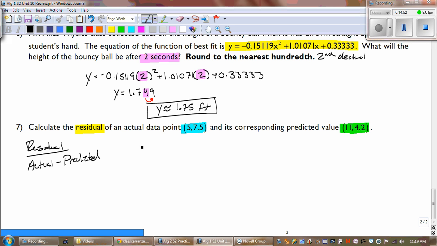Okay, and we only care about the y values. So you would do 7.5 minus 4.2. Okay, and what do you get? Well, 7.5 minus 4.2 gives you 3.3.